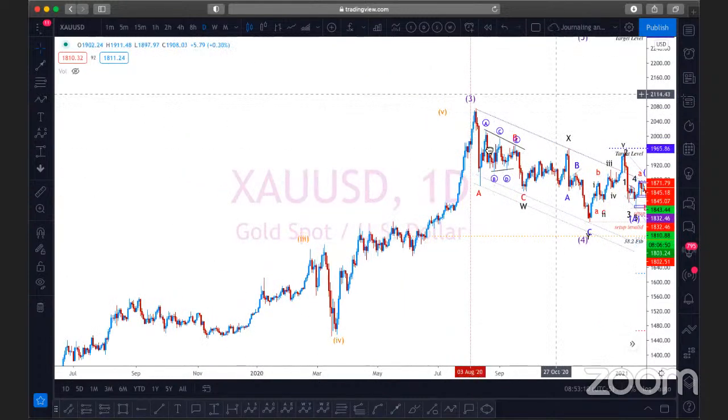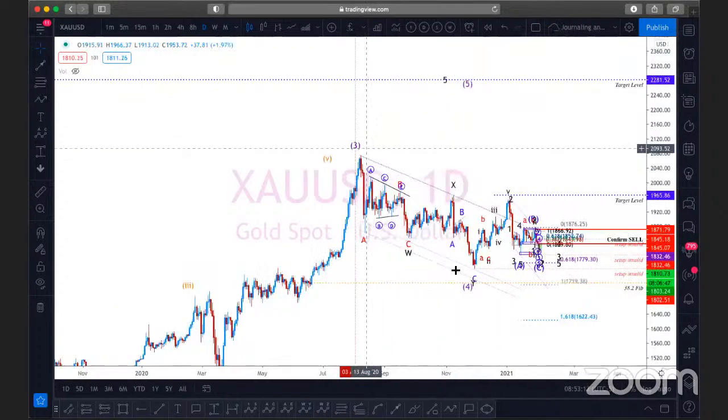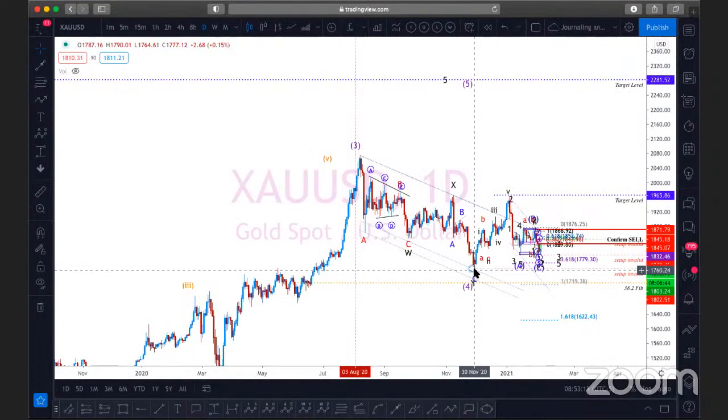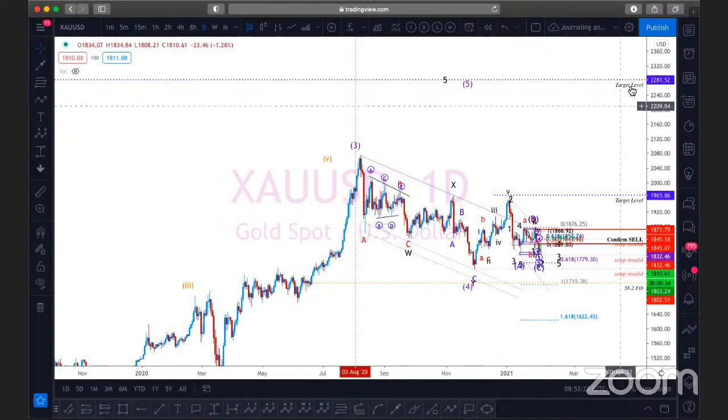Ideally, we're looking at wave 4 finishing off in here, where we had the XY correction for wave 4, and then we're looking at wave 5. Now, wave 5 targets $2,280 or about the $2,300 mark.